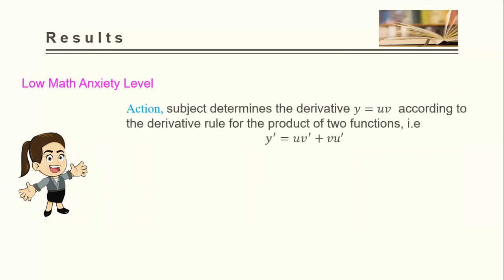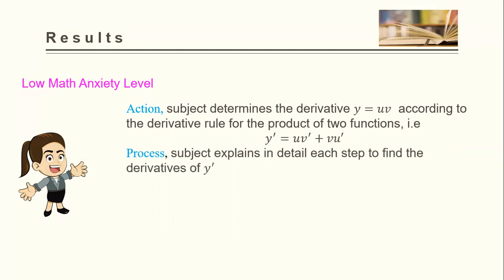And the result of this study, for the subject with low mathematics anxiety level: in action, the subject determines the derivative of y equals u times v according to the derivative rule for the product of 2 functions, y accent equals u times v accent plus v times u accent.